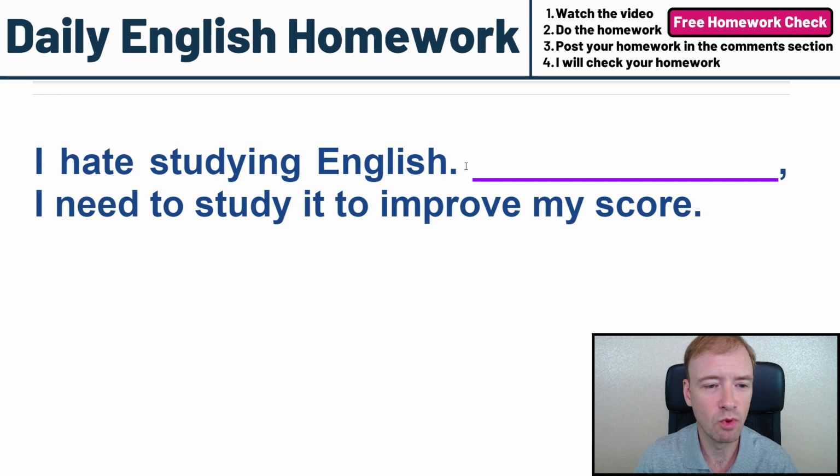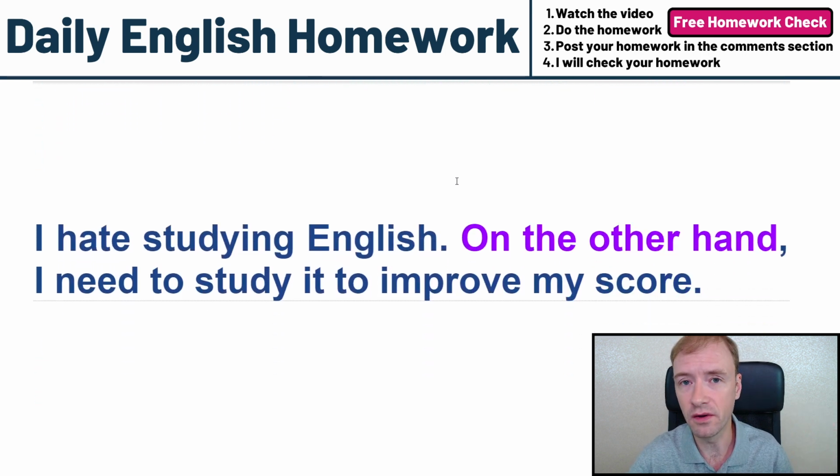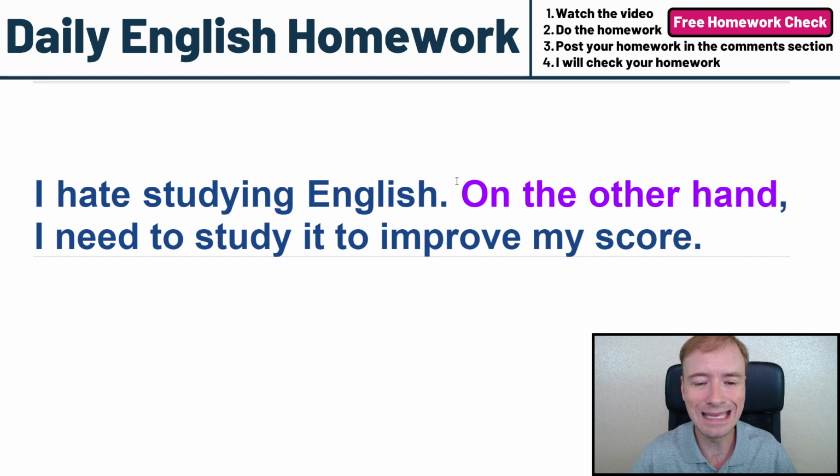So this looks more like an opinion. I hate is an opinion, studying English. So opinions are viewpoints. So right here, on the other hand, would be best to use. I hate studying English. That's one idea. On the other hand, I need to study it to improve my score.